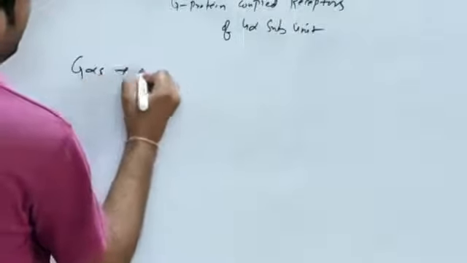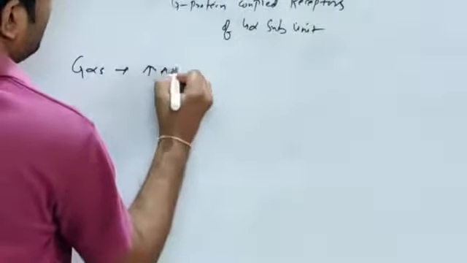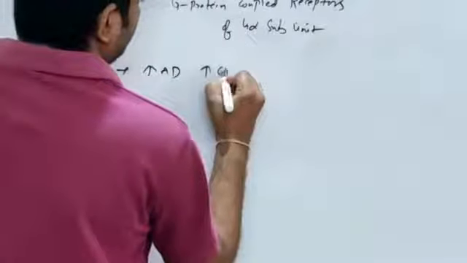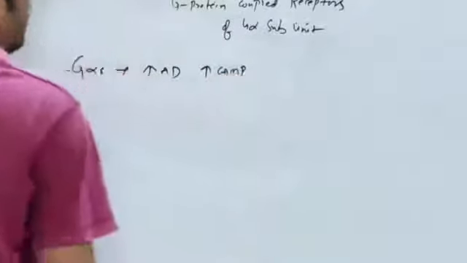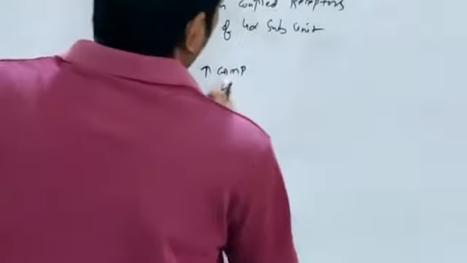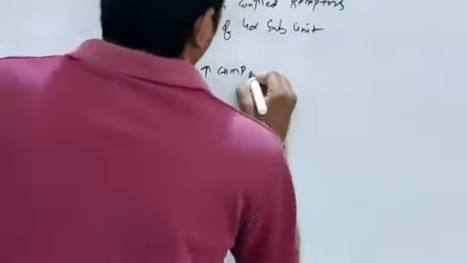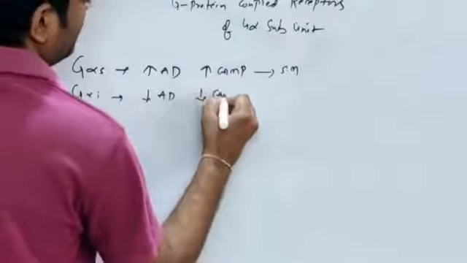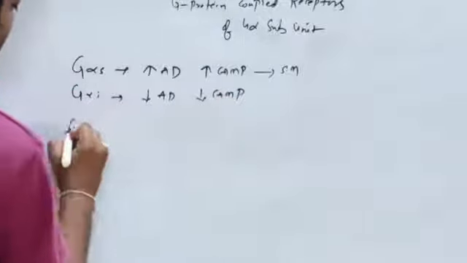G alpha S subunit: activation of adenyl cyclase, increase in cAMP, cyclic adenosine monophosphate. This acts as a second messenger. G alpha I: inhibition of adenyl cyclase, decrease in cyclic AMP.